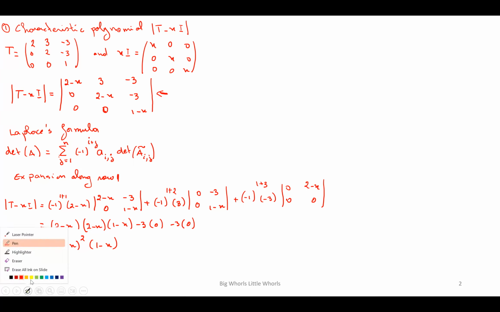Okay, let me make the box in green. So this is our characteristic polynomial. Okay, we are asked in part 2 to find the eigenvalues.